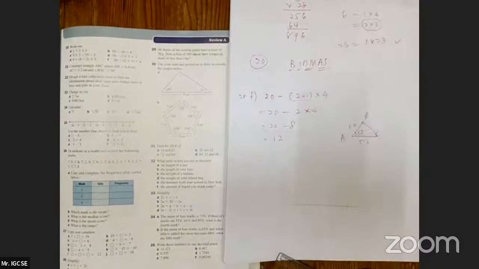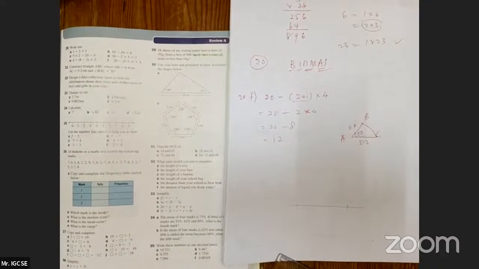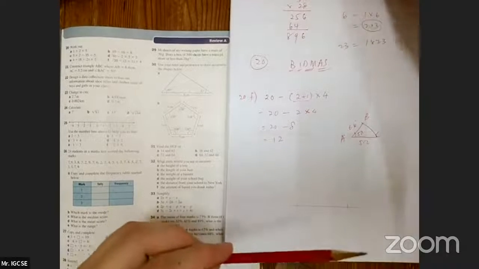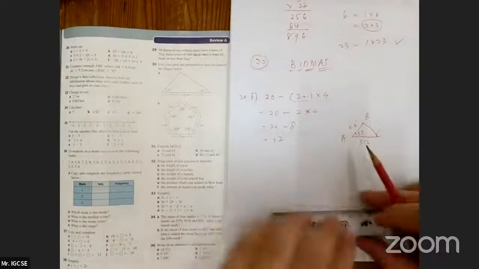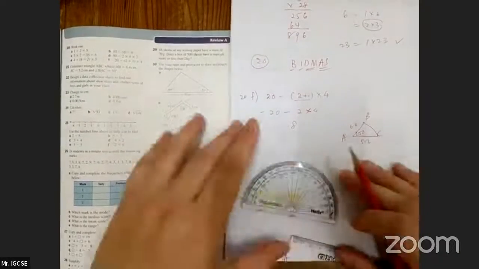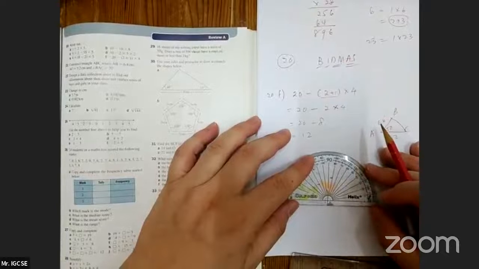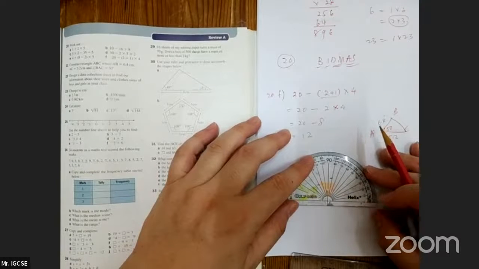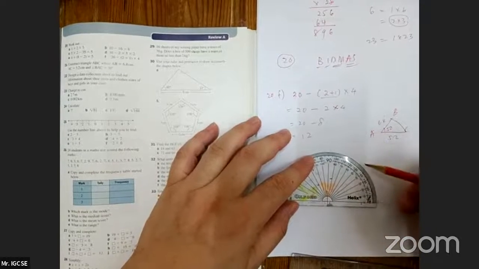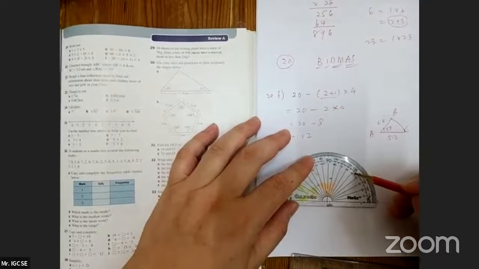And then we need to open up an angle of 50, using this protractor. No compass is used for this question. So this is 50. Can you see this is 50?